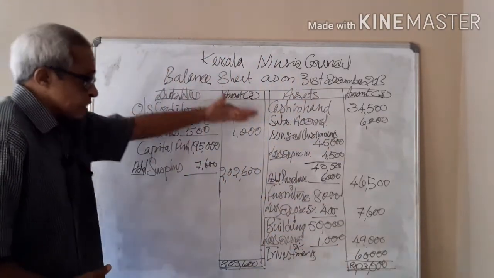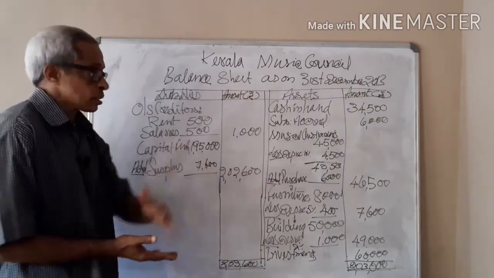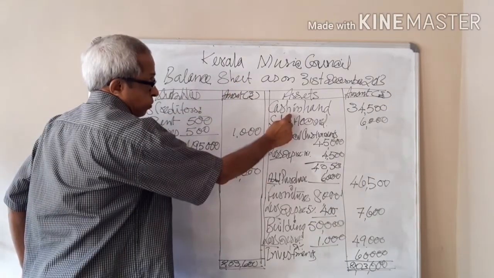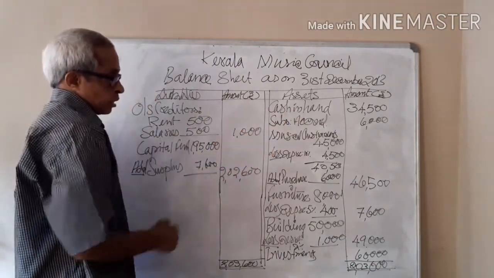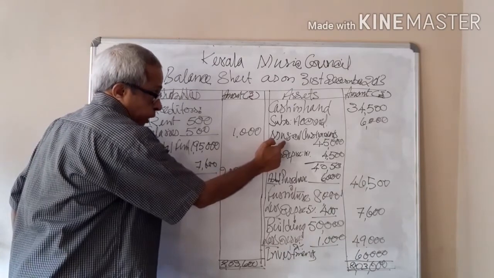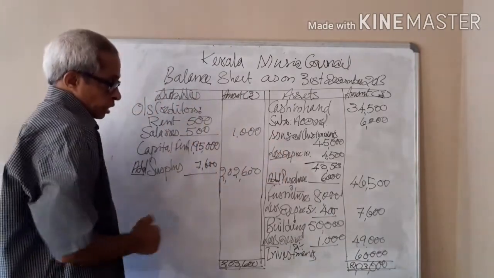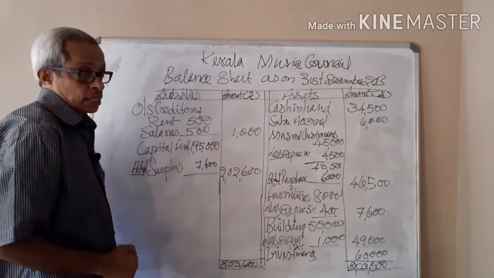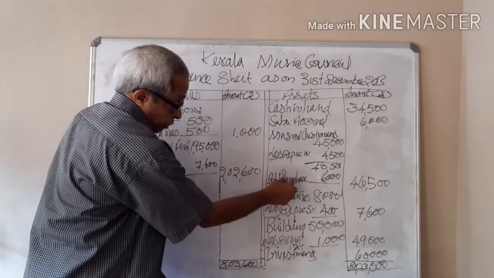So these are the statements. This is the closing balance of the receipts and payments account. This is from the adjustments. This is from the opening balance sheet. Depreciation is deducted, and we added the purchases, that is the adjustments given. That is from the receipts and payments account.